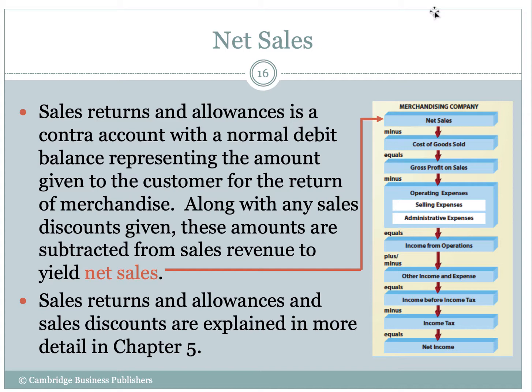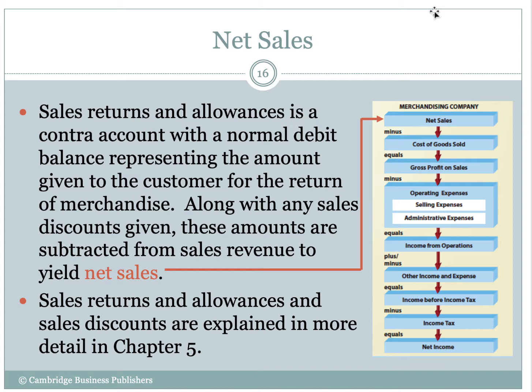Well, now we have a new thing called net sales. What exactly is net sales? Well, net sales is the amount that is left after we have subtracted sales returns and allowances from our sales, okay? So think about it this way. We start off with sales. We subtract out sales returns and allowances. We end up with net sales, okay?